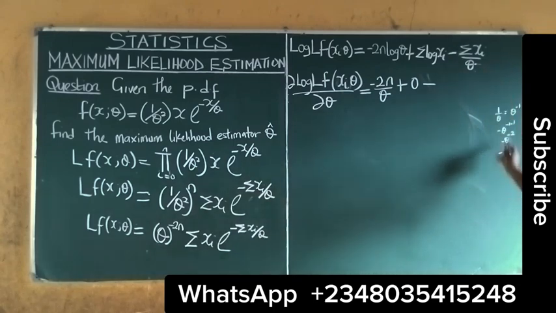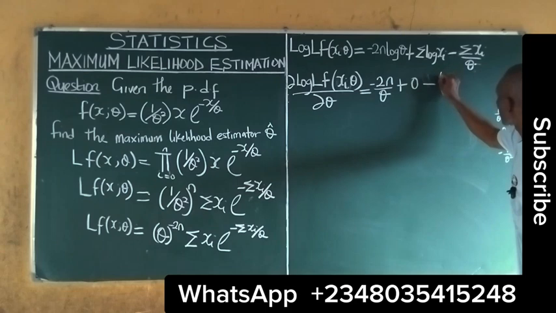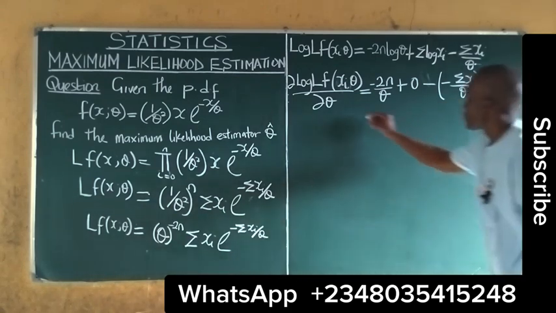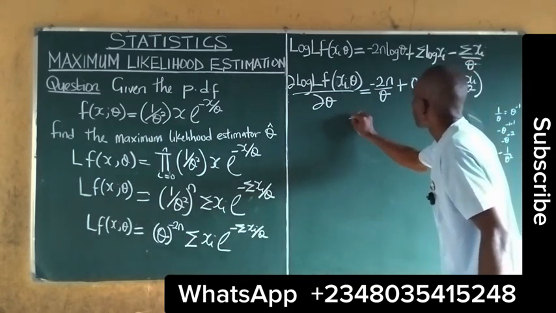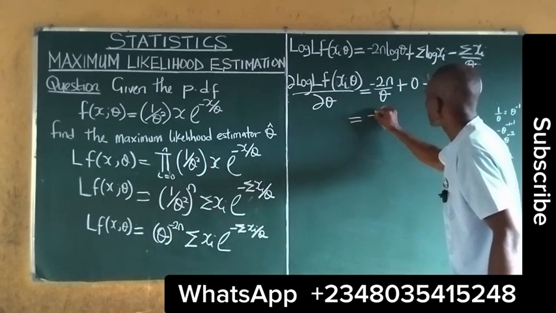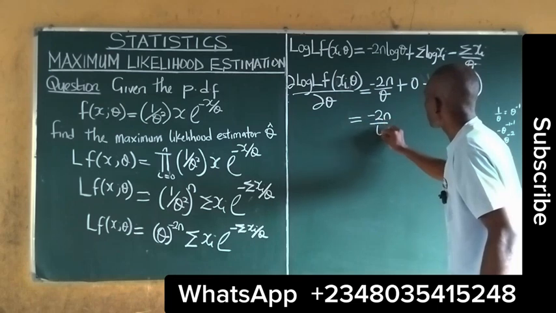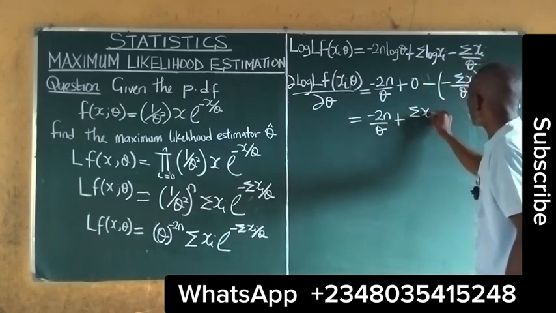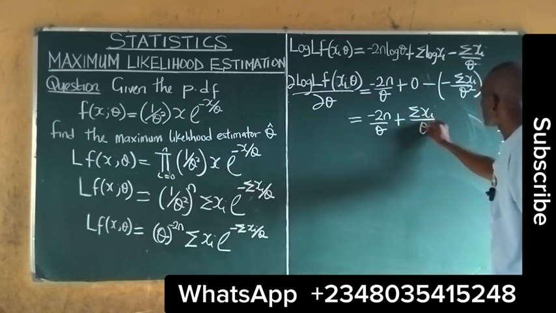So if we put this here, we'll have negative summation xi's all over theta squared. So this is what we get. It means that this is equal to negative 2n all over theta plus summation of xi all over theta squared.